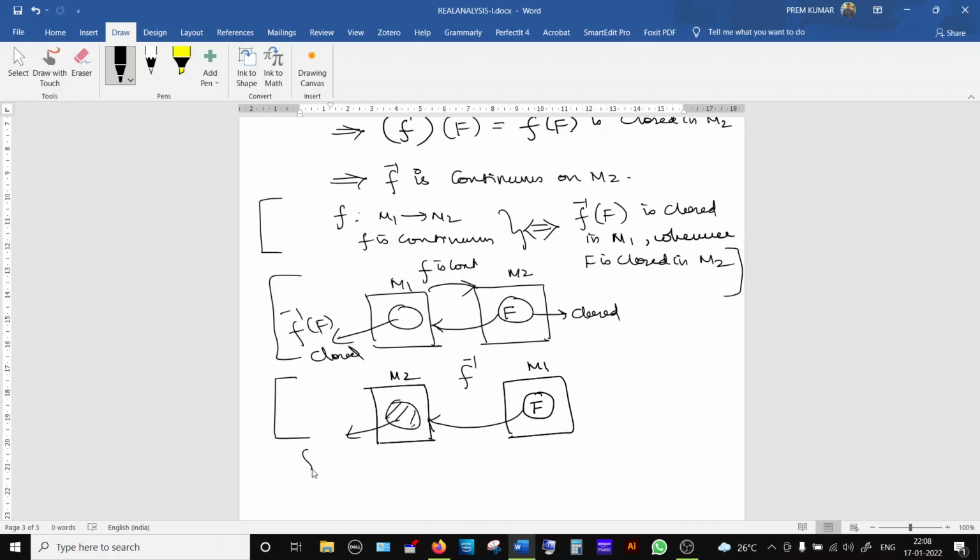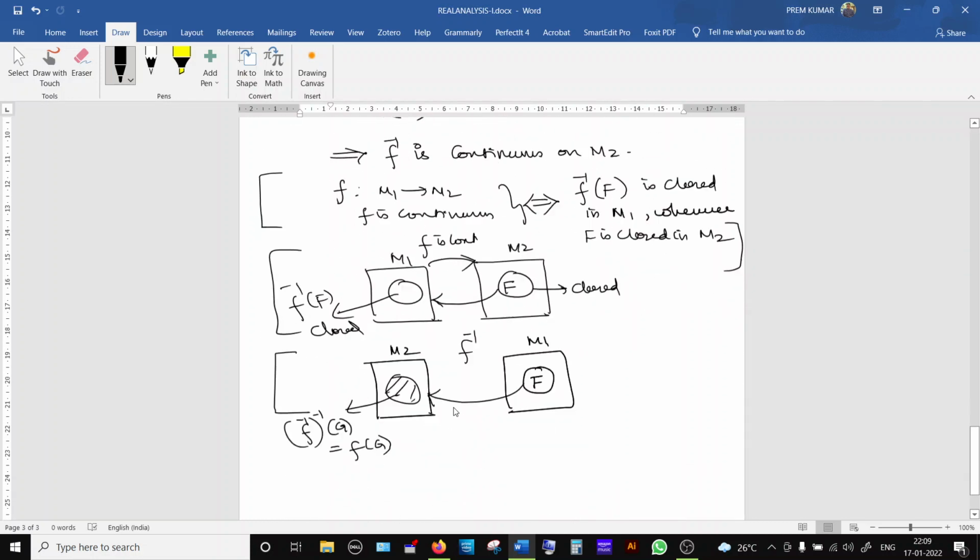It's nothing but the f inverse inverse of F, but this is nothing but f of F. If f is closed, then f of F is also closed.